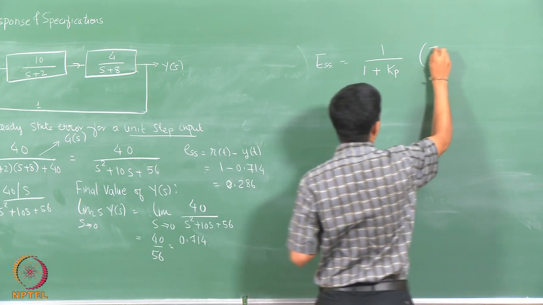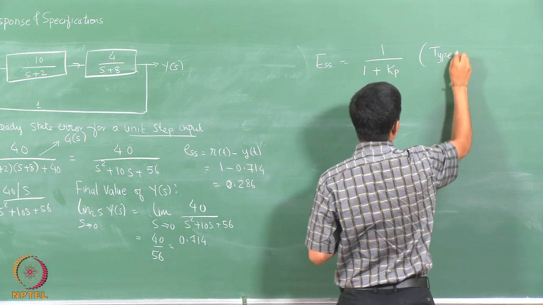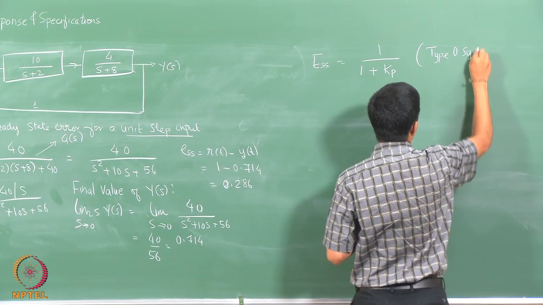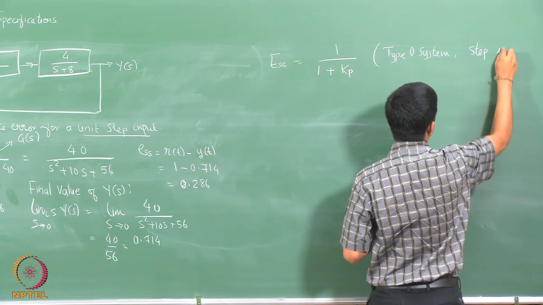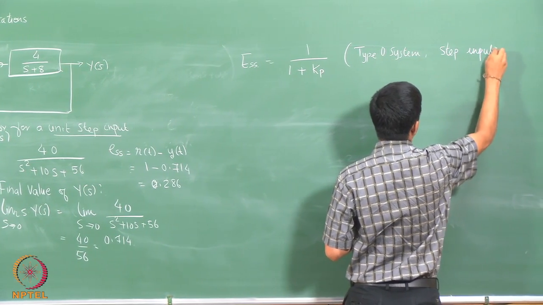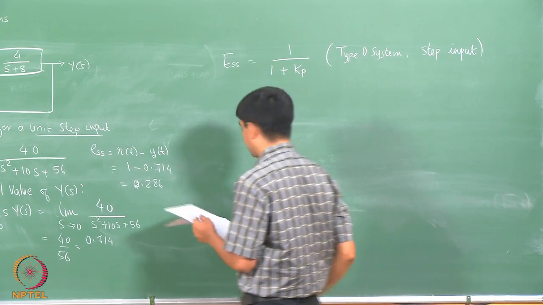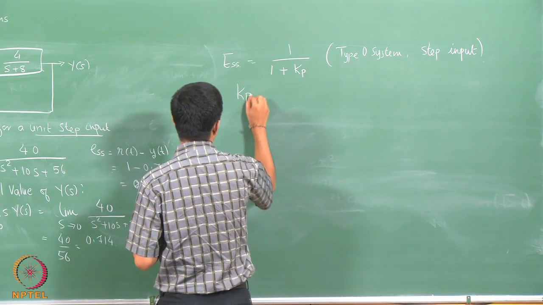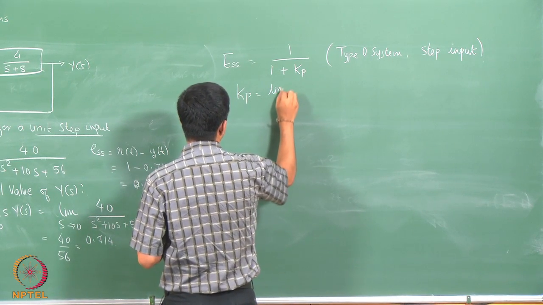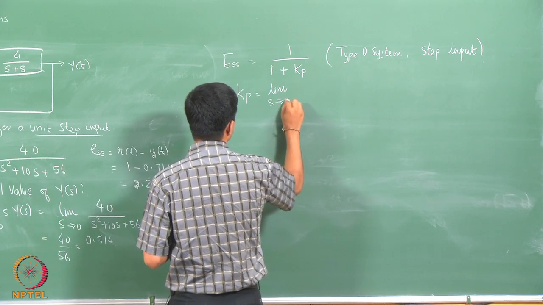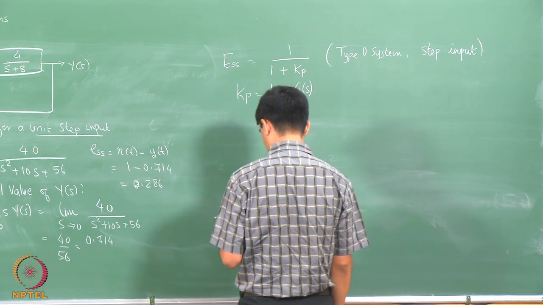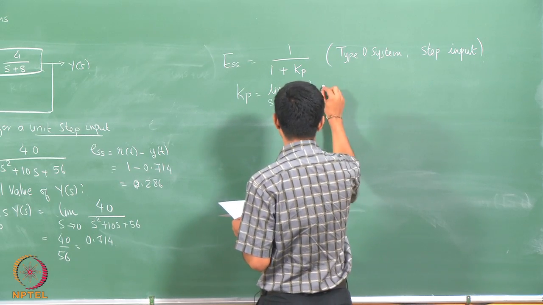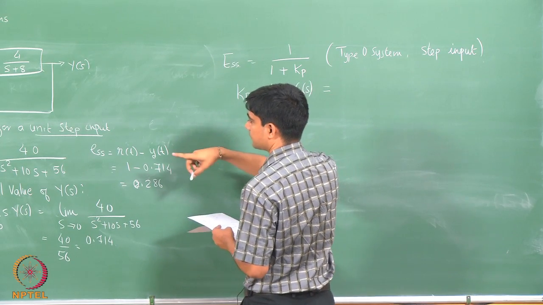This was for a type 0 system with a step input. Okay. And then Kp was limit s going to 0 of g of s, right.